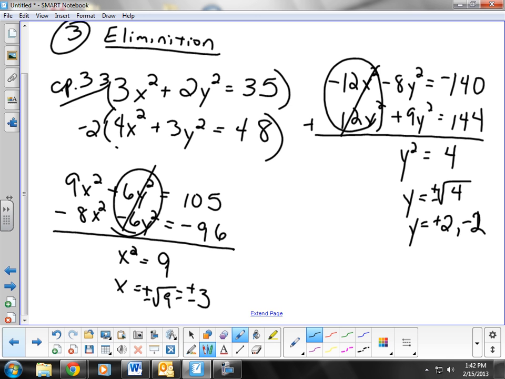So, positive 2, positive 3, positive 2, negative 3, negative 2, positive 3, and negative 2, negative 3 are my 4 solutions.